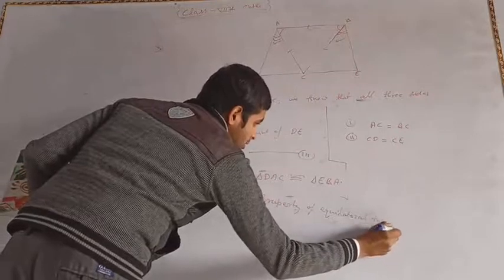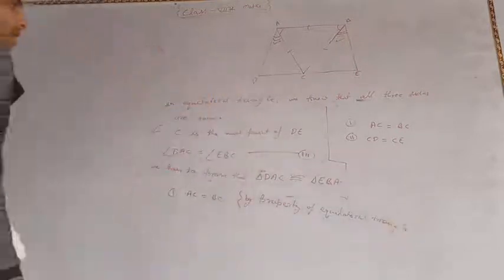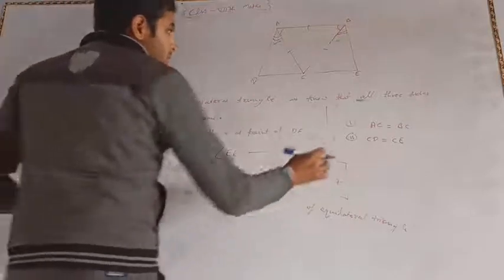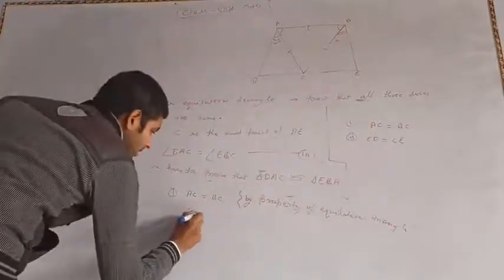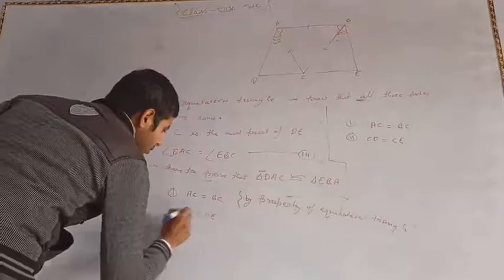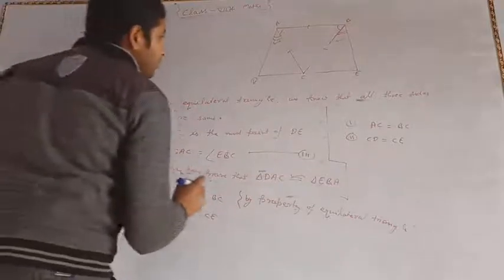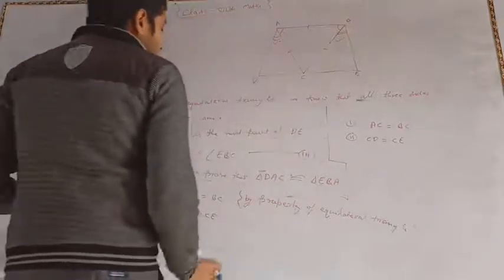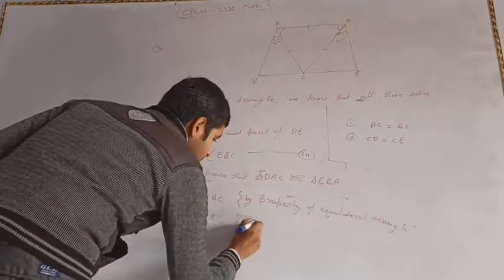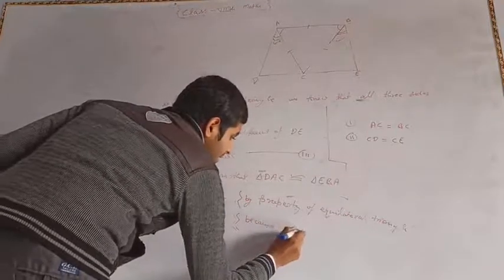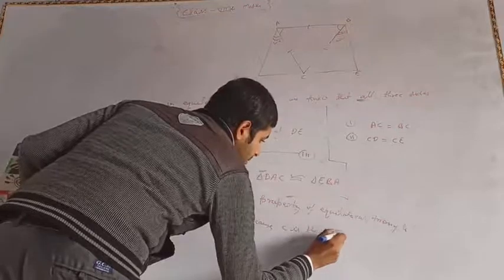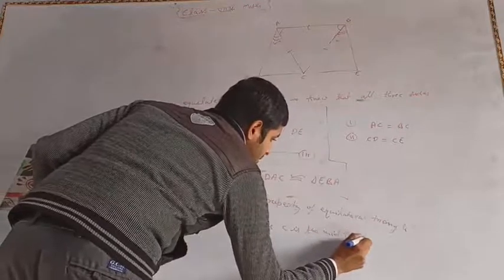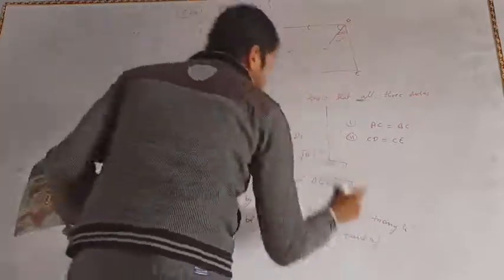Again, CD is equal to CE, because C is the midpoint of DE.